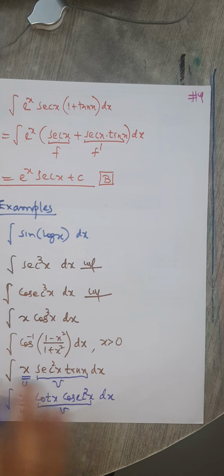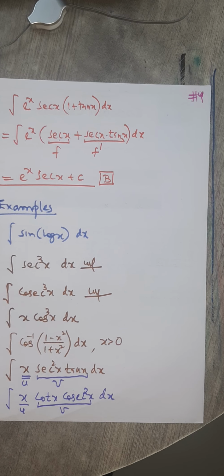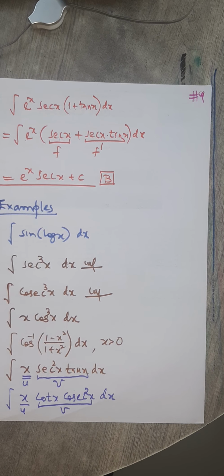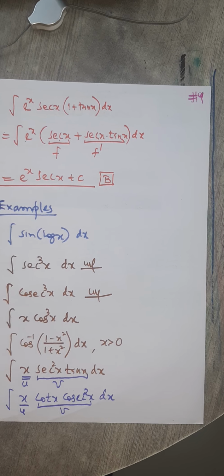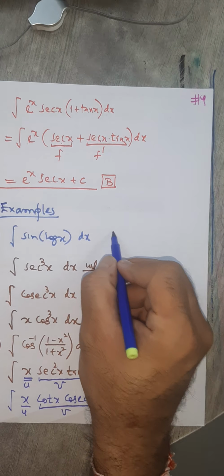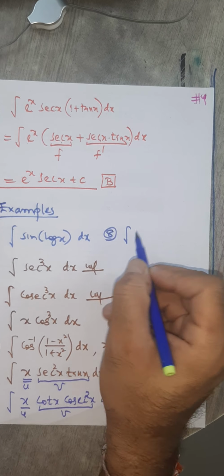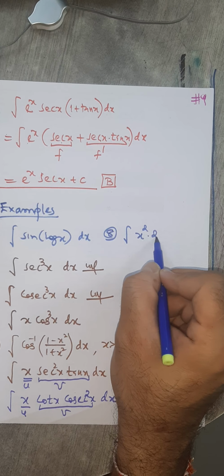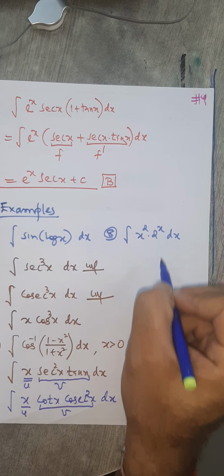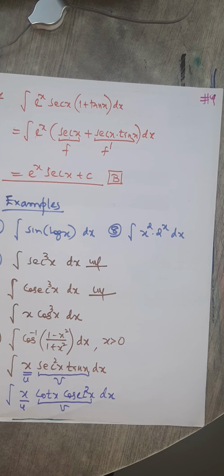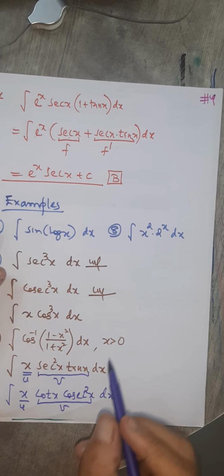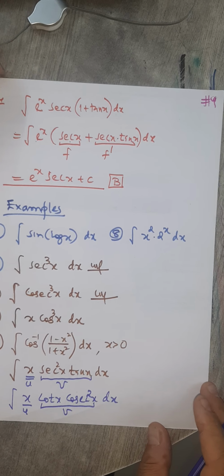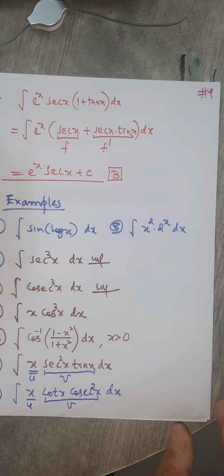One more here, let me write next. The next question is here, eighth one, integral of x squared into 2 raised to x. This is straightforward by parts. The first one is quadratic, that is the algebraic, and the second one is, you know, it's exponential.